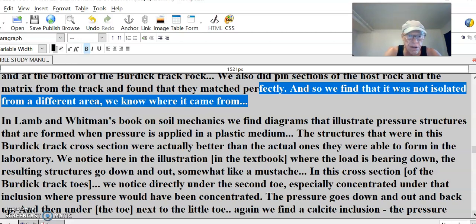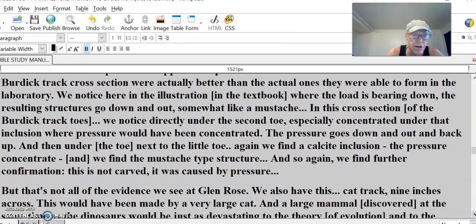In the cross-section of the Burdick track toes, we notice directly under the second toe, especially concentrated under that inclusion where pressure would have been concentrated, the pressure goes down and out and back up. Then under the toe next to the little toe, again we find a calcite inclusion, the pressure concentrates, and we find the mustache-type structure. And so again we find further confirmation. This is not carved. It was caused by pressure.